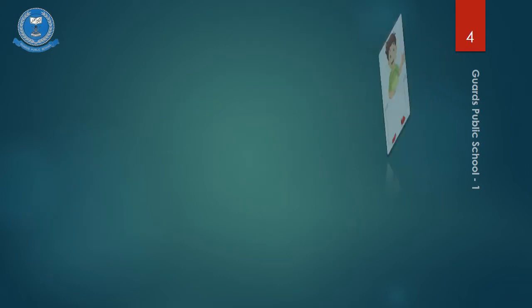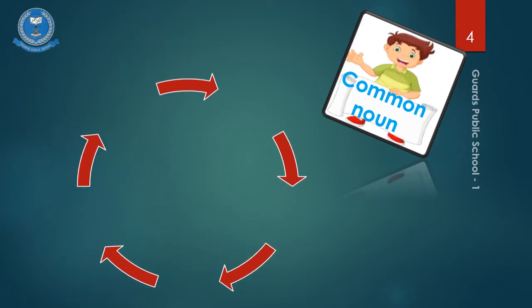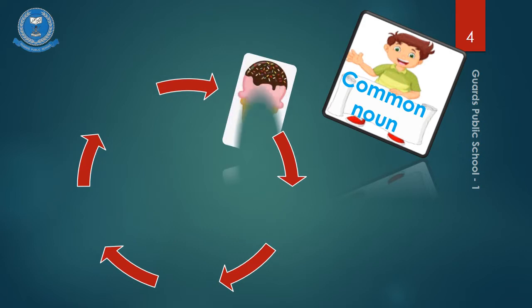All right, let's recall about common and proper nouns. Do you remember what common noun is? It is the general name given to anything. Let's see some examples. Tell me, what is this?